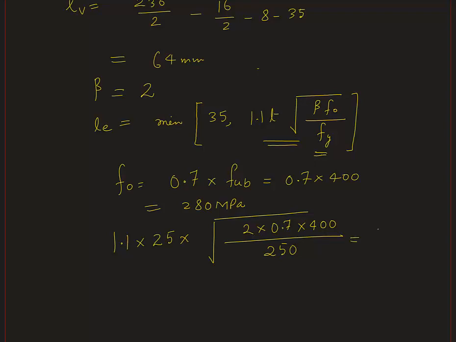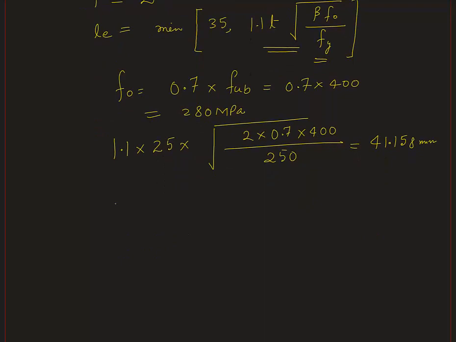So this is 41.158 mm. So we have to consider the minimum of these two. So L_e is equal to the minimum of 35 mm and 41.158 mm. So this is equal to 35 mm.